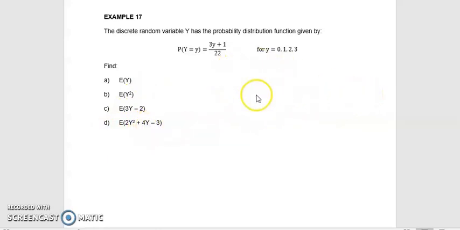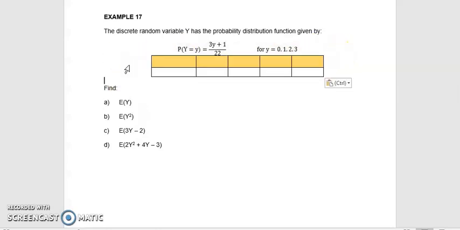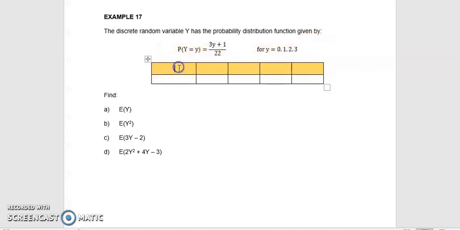In this type of question, you construct a table to find the probability for each value of y, so it is easy to refer to. Here is the value y, and this is the probability, P(Y equal to y), for y equal to 0, 1, 2 and 3.